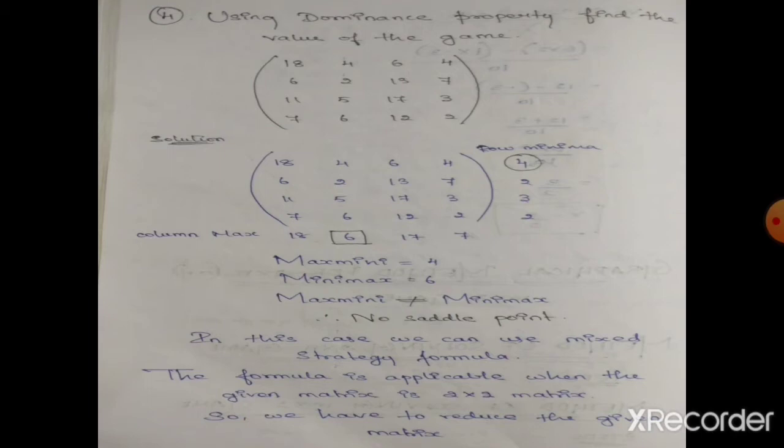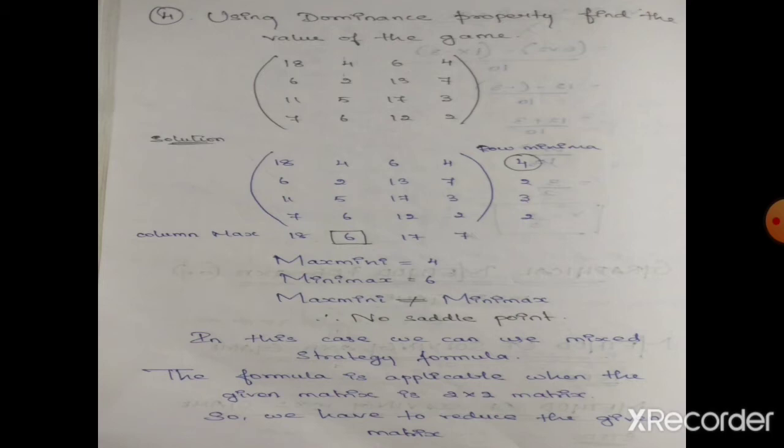So now we have to come with the maximum of row minimum values. Maximum of 4, 2, 3, 2 is 4. And the minimum of column maximum values: minimum of 18, 6, 17, 7 is 6.